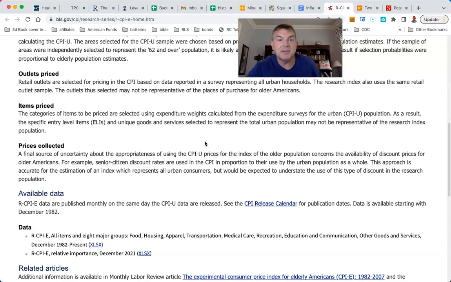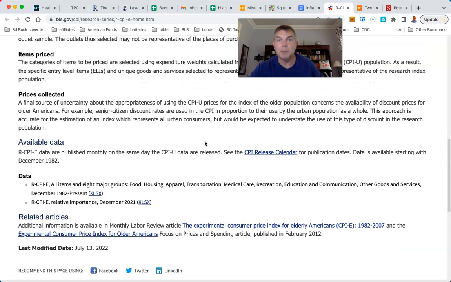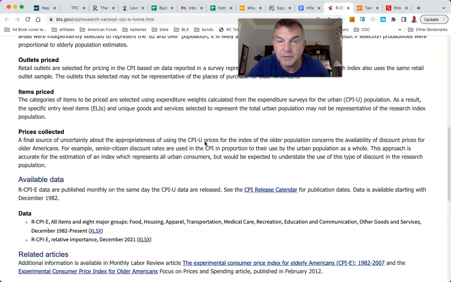As a result, the specific items and unique goods and services for older people may not be as representative in the overall CPI, because there's more focus on younger people. They also mention that senior citizen discount rates are used in the CPI in proportion to how the urban population as a whole uses them. But obviously, if you're looking at people over age 62, all of them will have access to senior citizen discount rates. The limitations are minimal in my opinion. You should take them into consideration, but it's not that big of a deal.